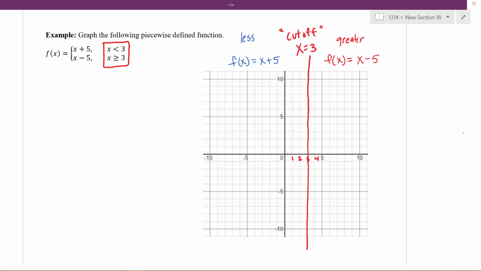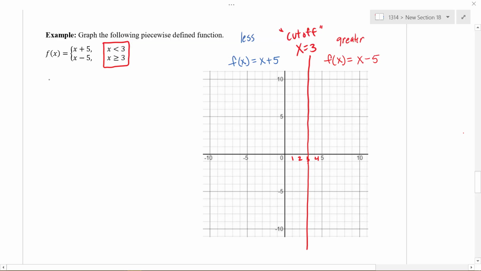All right, so now we're going to make some tables. I'm going to start with the top equation. We're going to plug some x values into this top equation, find some points, and plot them on our graph. So what x value am I going to start with?